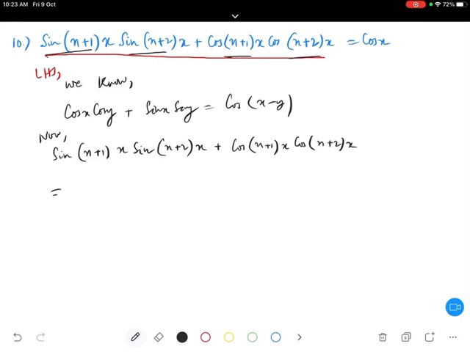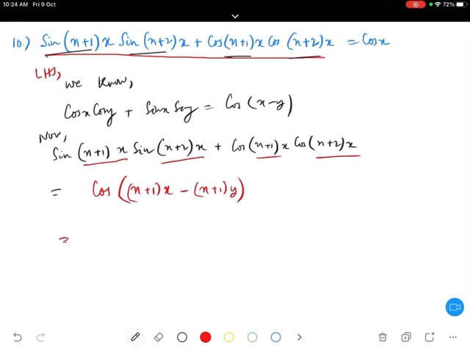Look at here, cos x cos y plus sin x sin y. So I will write this one as cos of x minus y. So it will be n plus 1 x minus n plus 2 x. That is it. So let us solve. What do we get?